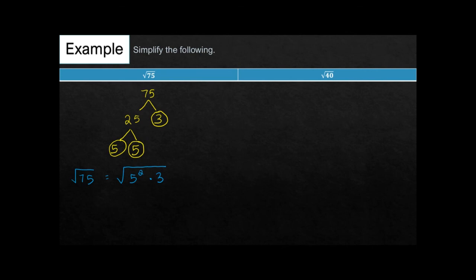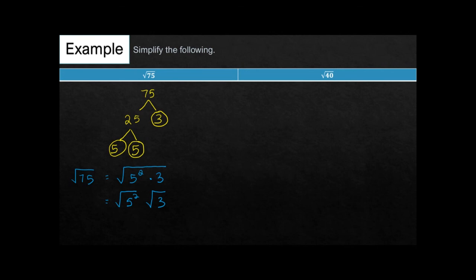So what I'm going to do here first is I'm going to separate this square root into 2 separate square roots. So I'm going to use that multiplication property, where if you have things multiplied, you can split it up so that they each have their own square root symbol. So I have the square root of 5 squared, and then I have the square root of 3.